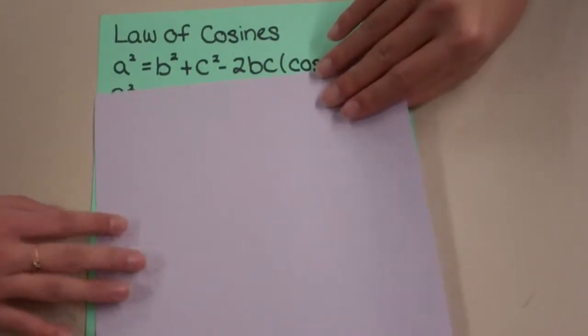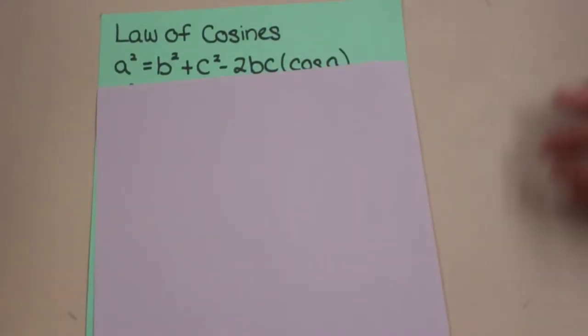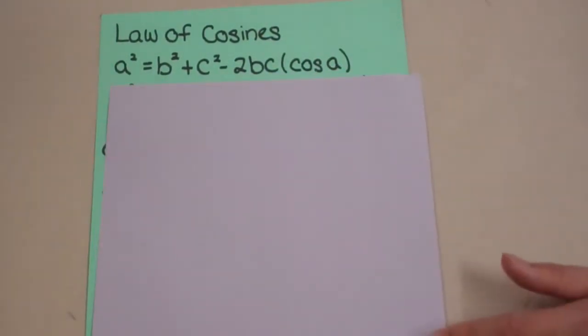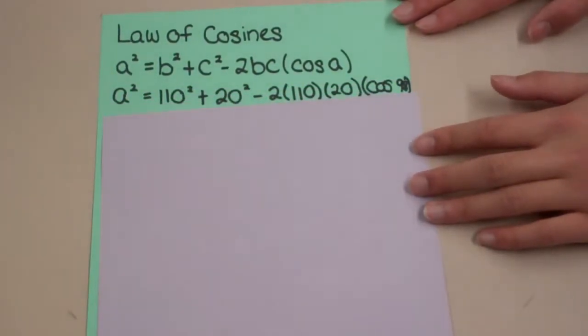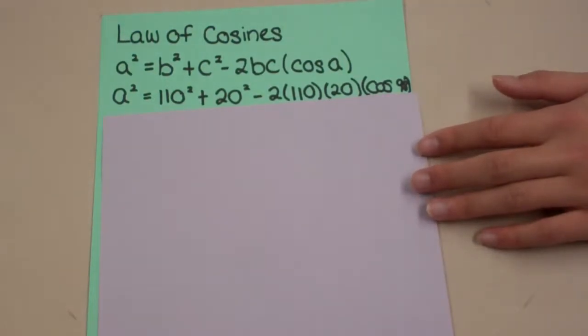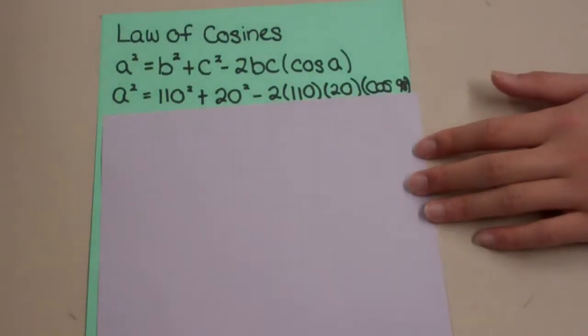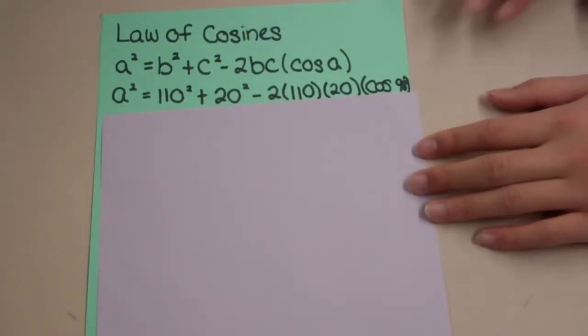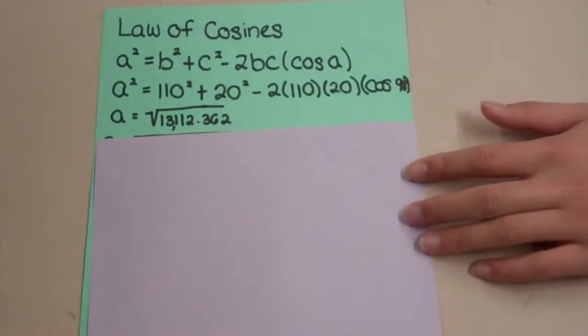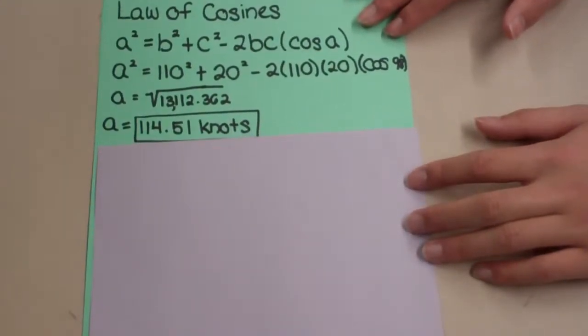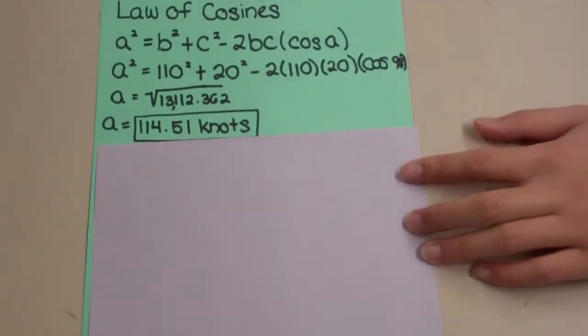The law of cosines states a squared equals b squared plus c squared minus 2bc times the cosine of A. By plugging all the relevant values into the law of cosines, we get a squared equals 110 squared plus 20 squared minus 2 times 110 times 20 times the cosine of 98. This simplifies down to the square root of 13,112.362, which in turn comes out to be 114.51 knots.